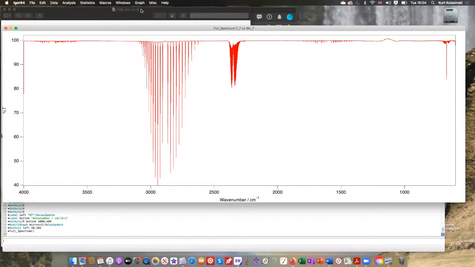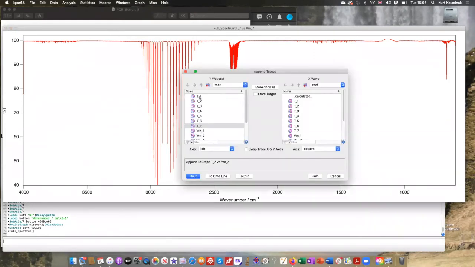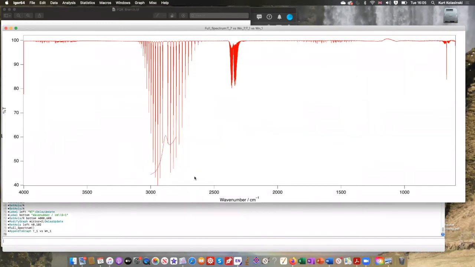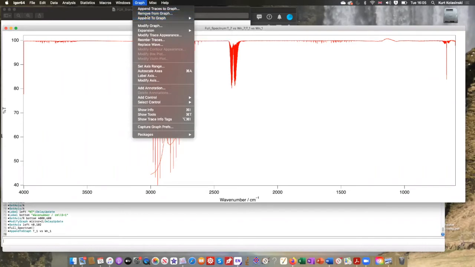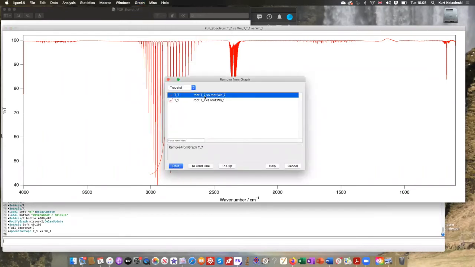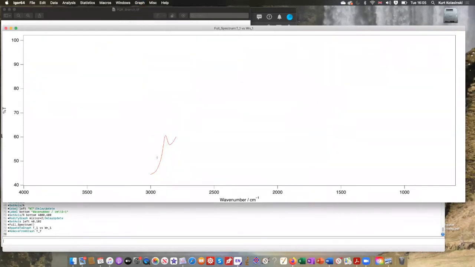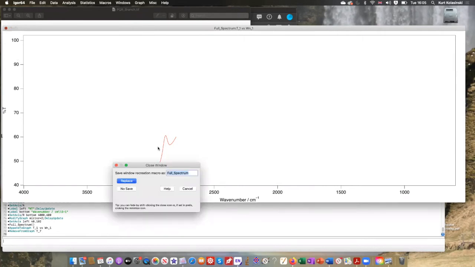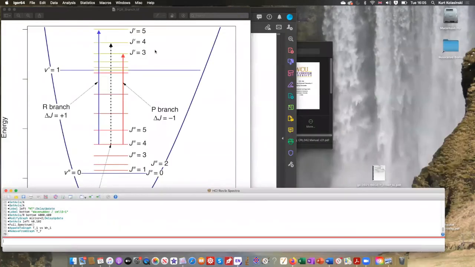I can just append. If I wanted to do T1 versus wave number 1 and put it in here, bam, there it is. And then I could remove the old one that I didn't want anymore. And I'm going to have to change the axis and things like this. But at least my labeling is all here the way it should be. If I don't want that after all, I can always say no save, and then I won't mess it up.